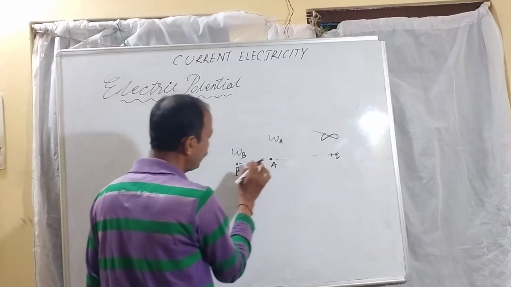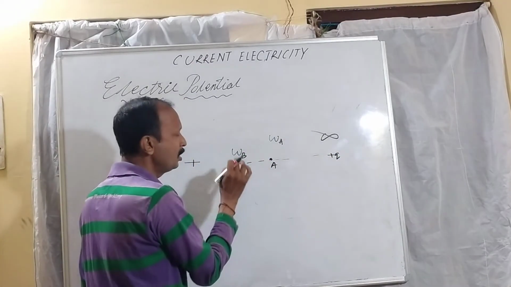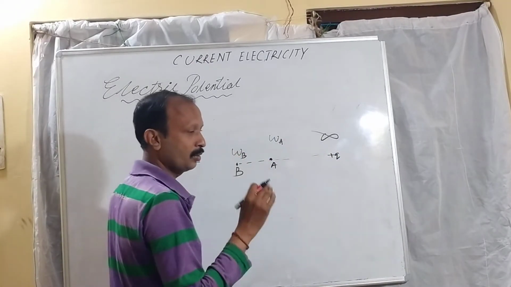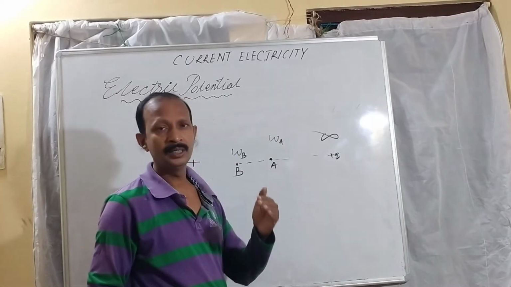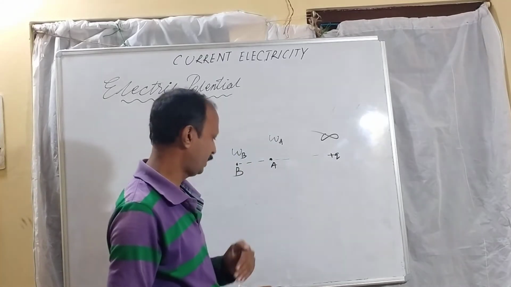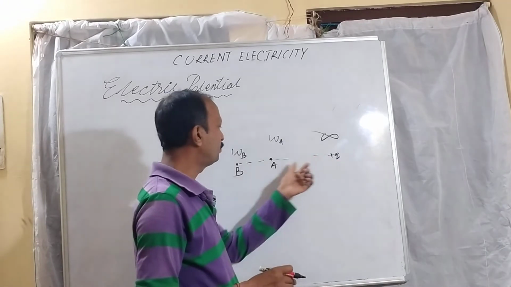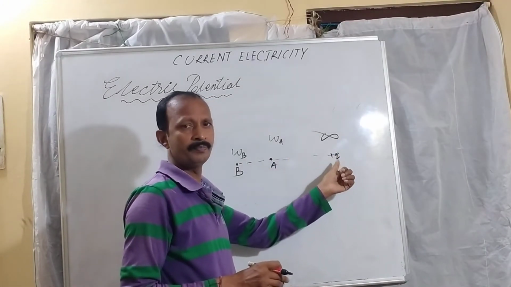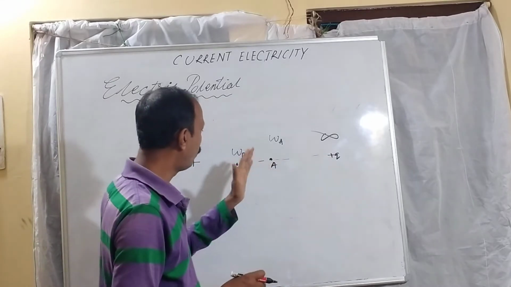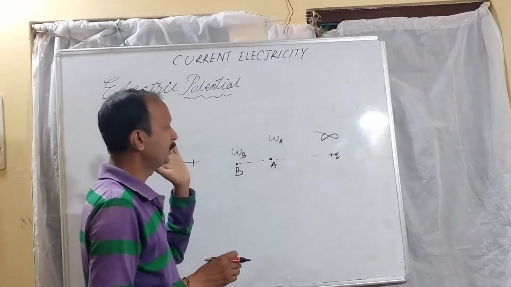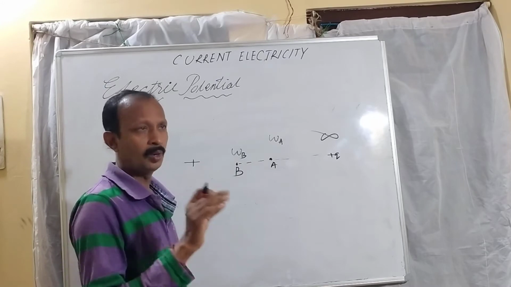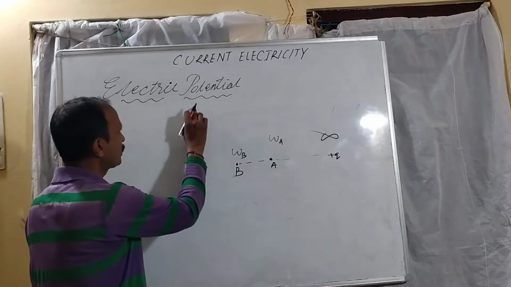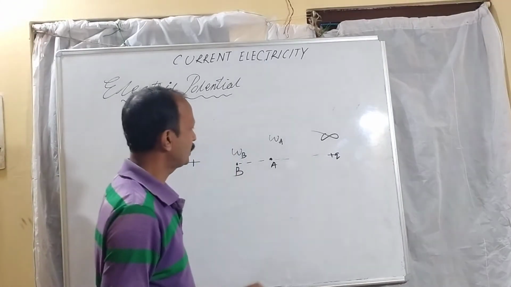If I want to bring it to the point B, I have to also do the work. So I can say that definitely some work is associated with the movement of this small positive charge from infinity to the point A or to the point B. My intention is to explain what is electric potential.